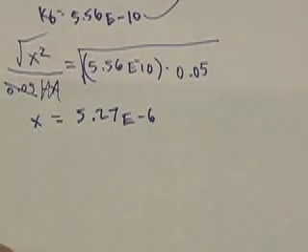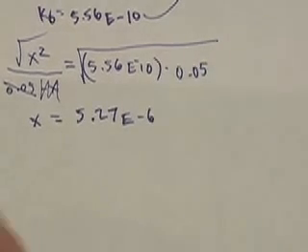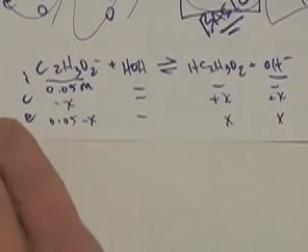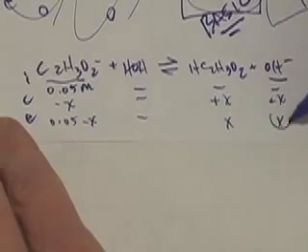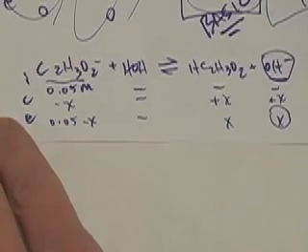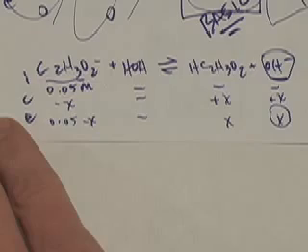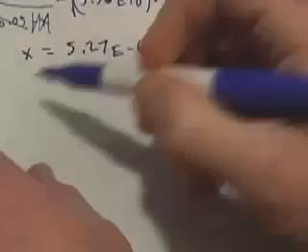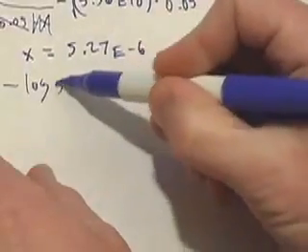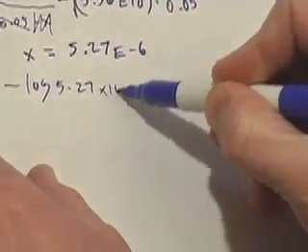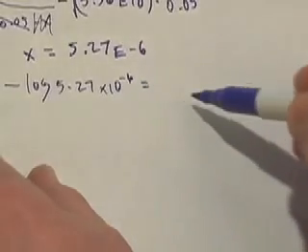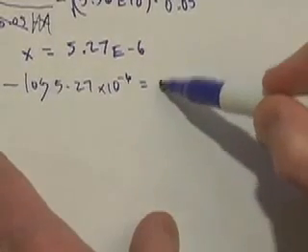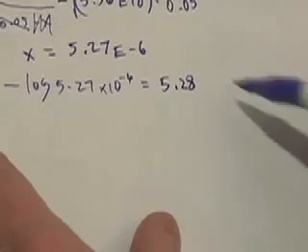Try that on your calculator if you're not sure. This, of course, is equal to x, and if I look at my ice table, what is x? Remember, x is my OH minus ion concentration, and to find the pOH, then I just take the negative log of that number. So take the negative log of 5.27 times 10 to the negative 6th, and I get approximately 5.28 or so.